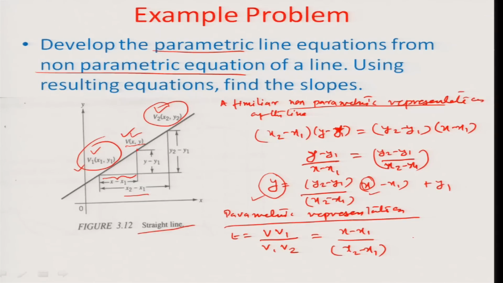And there is an equivalence between this fraction and the way that y minus y1 would be defined with respect to the overall y2 minus y1. So that is the fraction of the y from y1 with respect to the overall length y2 minus y1.